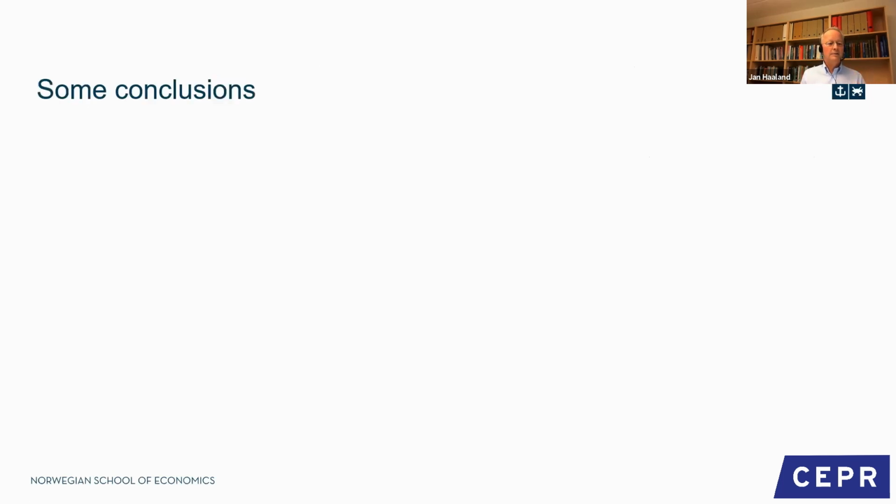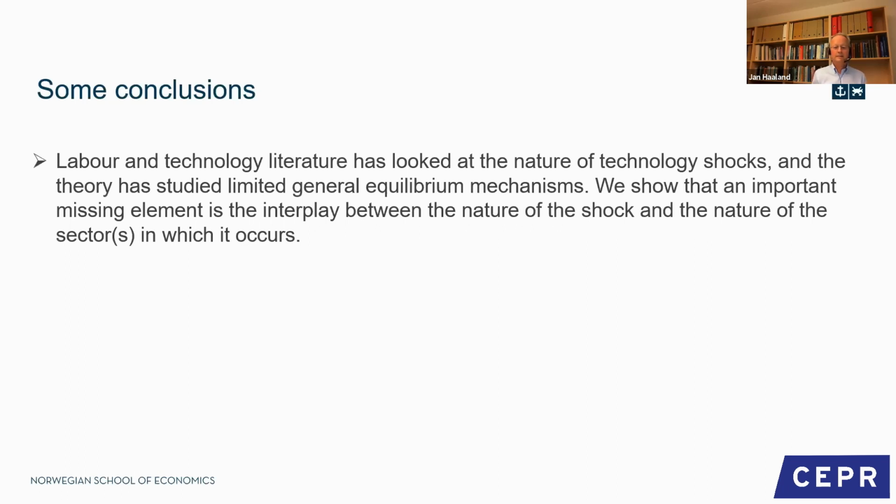So to conclude, within the minutes I probably don't have, what we try to show is that in addition to the standard mechanisms that the literature has been focusing on, it is important to focus on the links between the nature of the technical shock and the nature of the industries in which it appears.